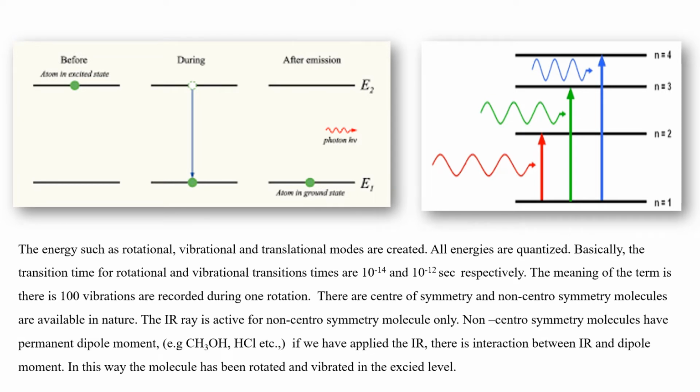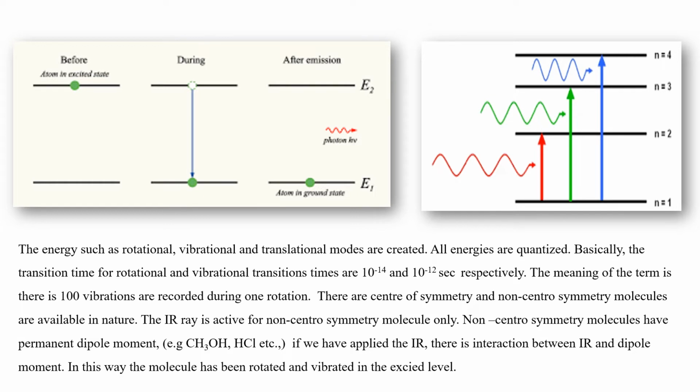During the absorption of energy, due to the interaction of the radiation, energy is produced as rotational, vibrational, and translational modes. But all energies are quantized. The generation of this energy during rotation, vibration, as well as translation is quantized.